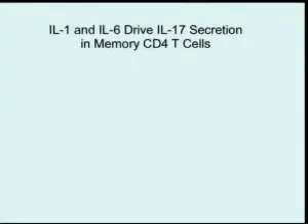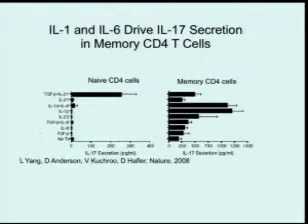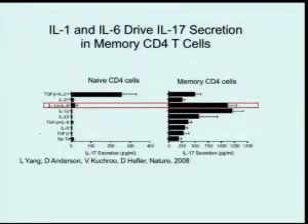First, a number of years ago, in collaboration with Vijay Kuchroo, we looked at what drove naive and memory CD4 cells to secrete IL-17, and what we found is that TGF-beta plus IL-21 were the minimal requirements for driving naive CD4 cells to make IL-17, and memory CD4 cells, as in mice, required IL-1 plus IL-6.